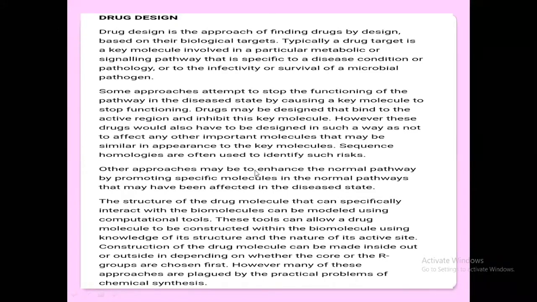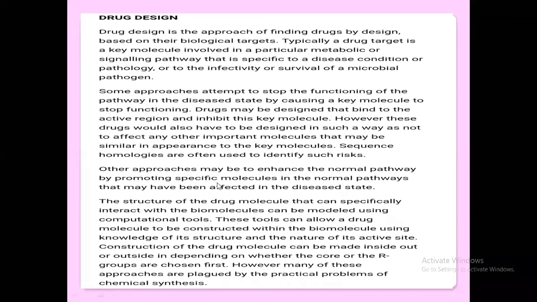So sequence homologies are often used to identify such risks. Before designing a drug, you have to find out what the key molecule for a disease is. Is there any molecule which is very close to it, having homology or resemblance with your key molecule? You have to keep all these things in mind before designing a drug.